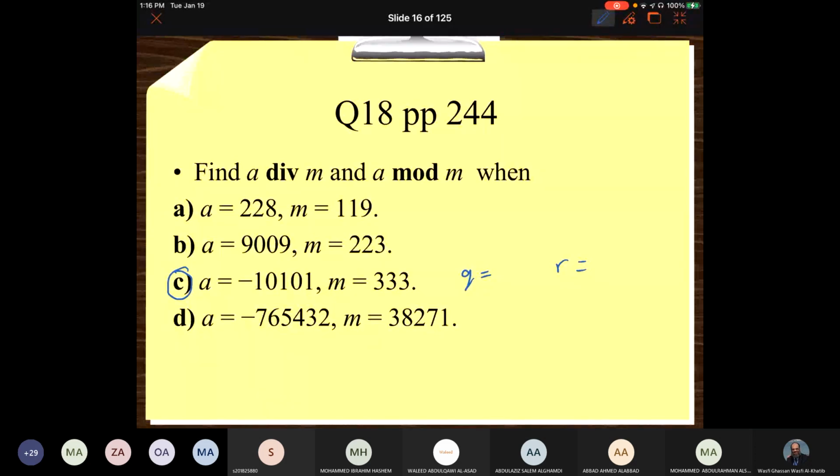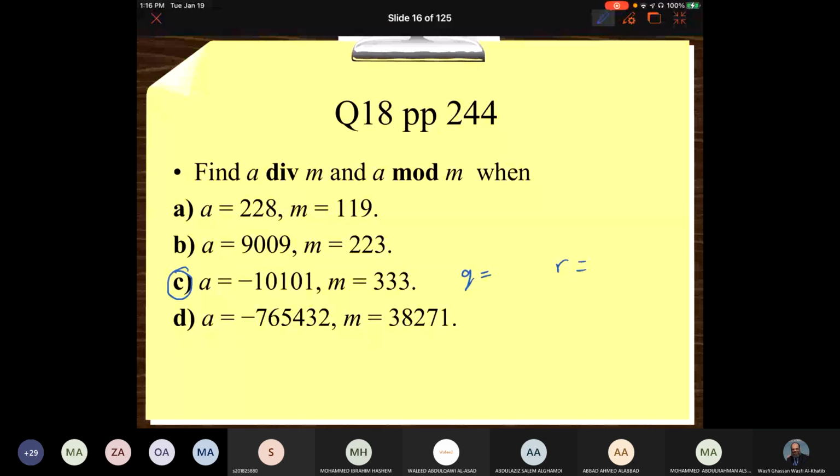See, -3 multiplied by 333 is -999, right? This is -10,000, not -1,000. Is that right, Ziad? Okay.